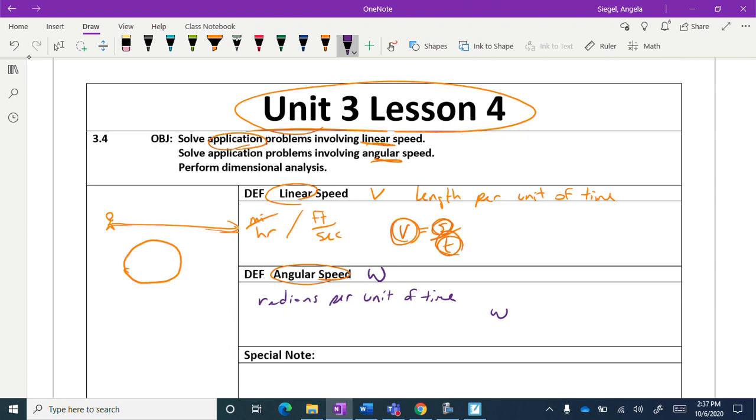The formula for this is theta over t, so radians, theta, over time. That really goes with what we've talked about here.